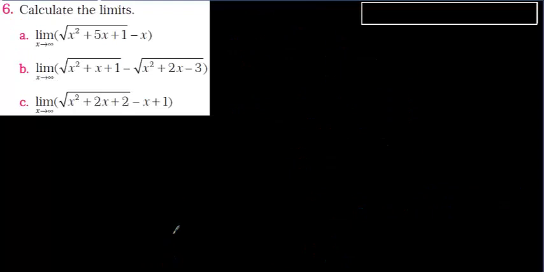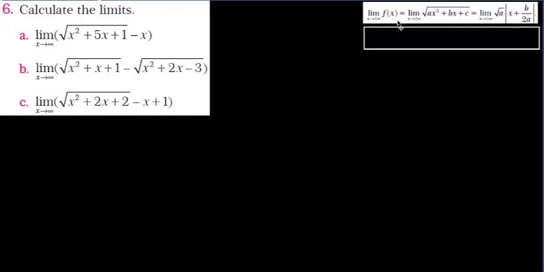Here infinity minus infinity case again, and we are planning to solve the last one in this question because they are similar questions. And here if you remember, we were using this method for that one. Here, the limit of the square root of ax squared plus bx plus c is equal to limit x tends to infinity, plus or minus with respect to sign, root of a, absolute value of x plus b over 2a.